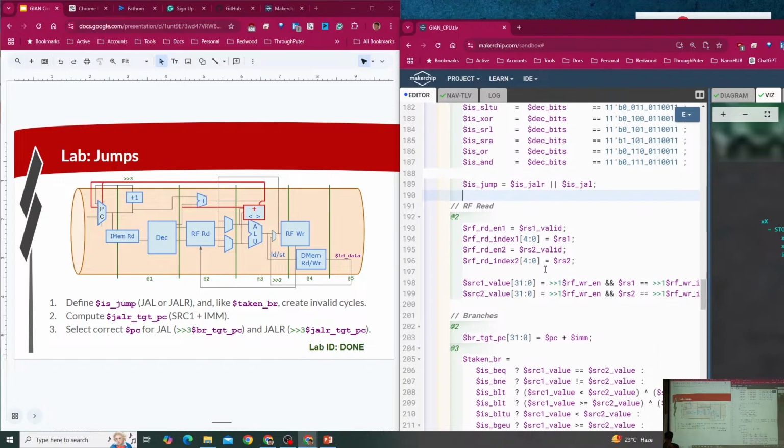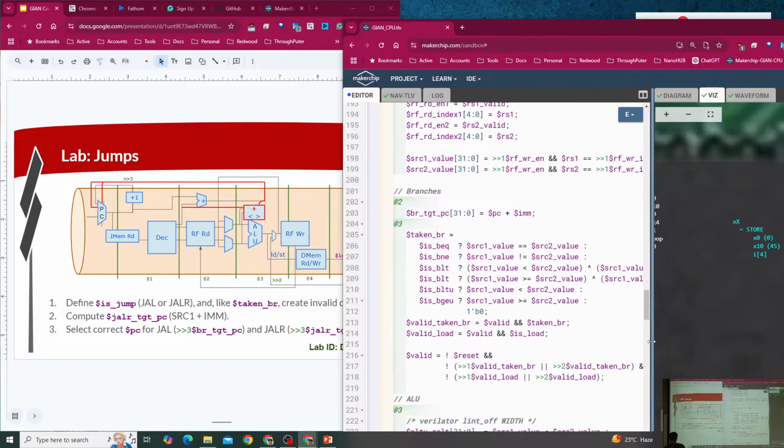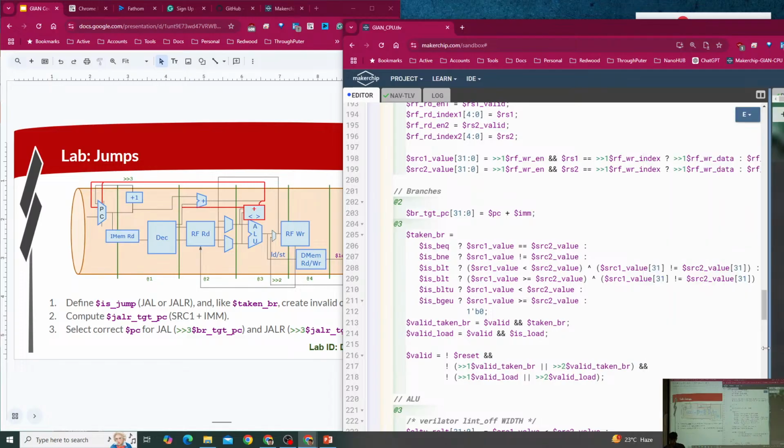Let's see, where do we create the invalid cycles for branch? So we generate a valid here. This is where we're computing our branch shadows, right? If we're a taken branch, we create the shadow. If we're a load, we create the shadow. We want to do that also if we're a jump.